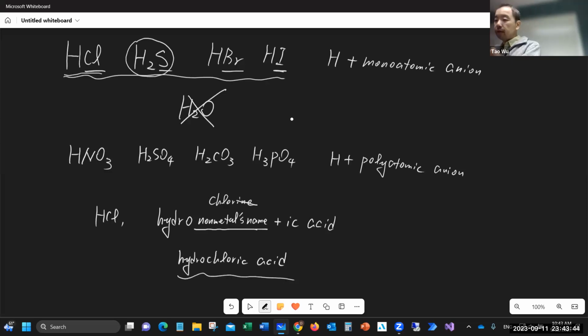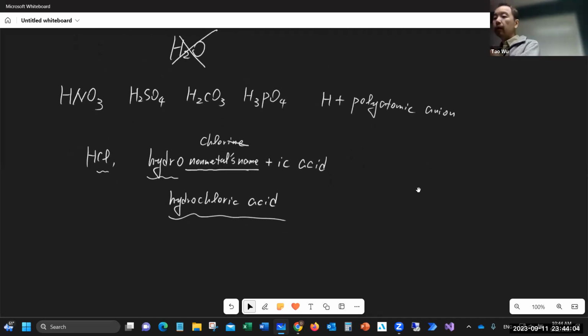I need to emphasize here: hydro is used only when the compound has a monoatomic anion, then we add hydro, not for a polyatomic anion. You put hydro in front. So now H2S: this is sulfur, right?